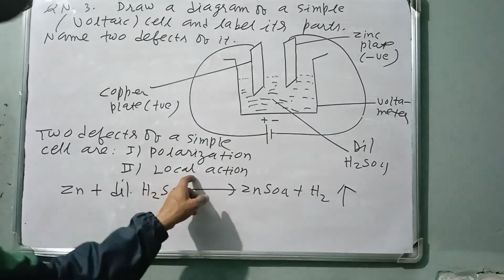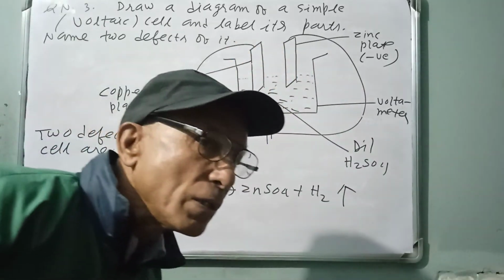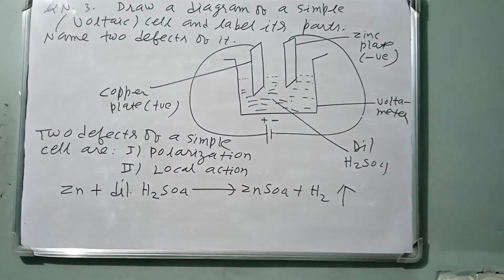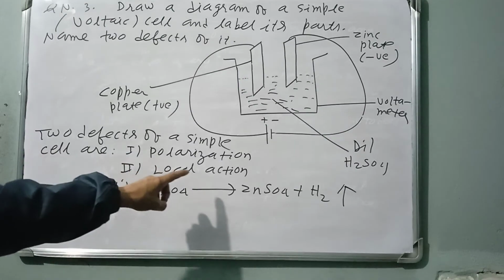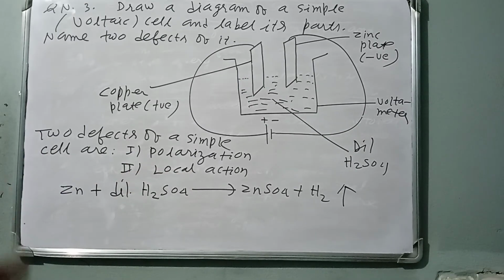Local action is due to impure zinc. The two defects are polarization and local action.